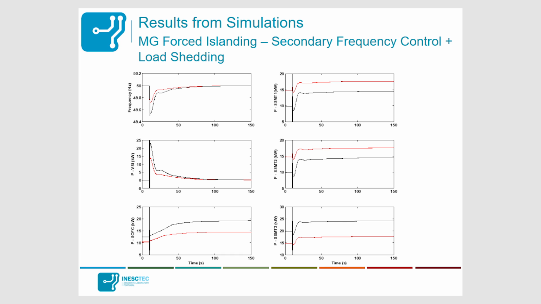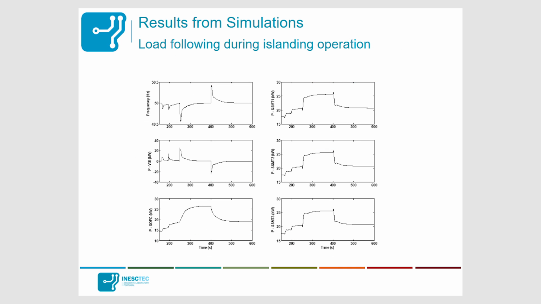And we can also see what the effects of load shedding are. So not only primary and secondary frequency control, but also load shedding. The benefits are obviously the ones that result from the fact that we have not so deep frequency deviations when we use load shedding in these situations. We can also get an idea of the response of the microgrid in terms of load following during islanding operation.